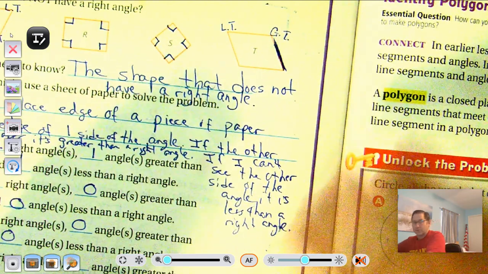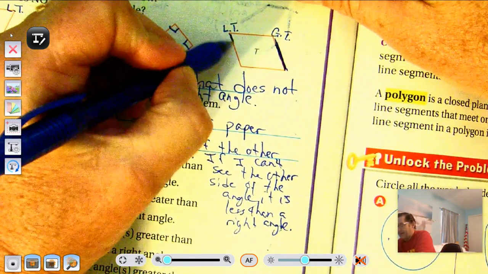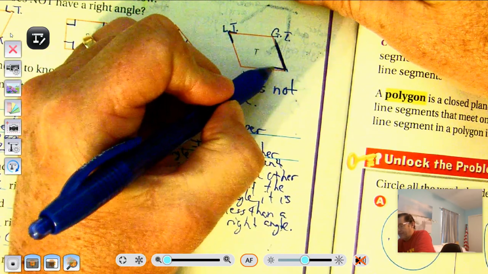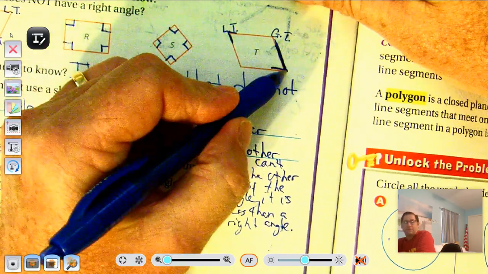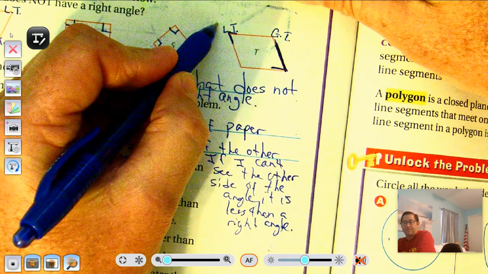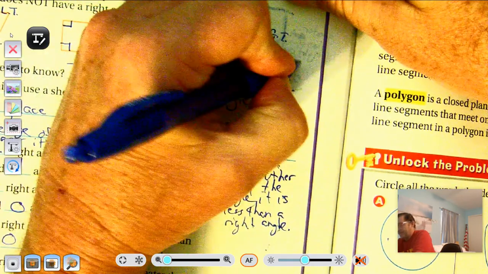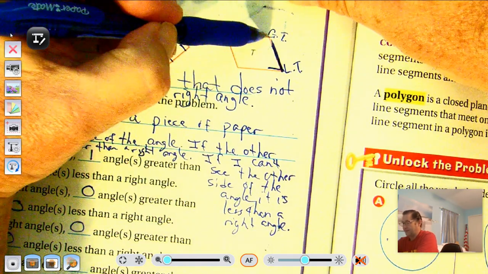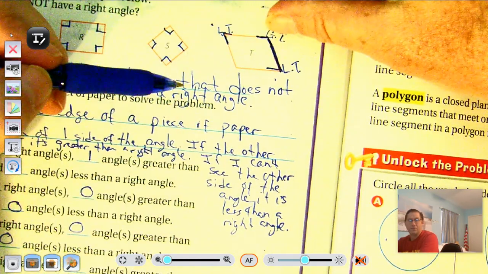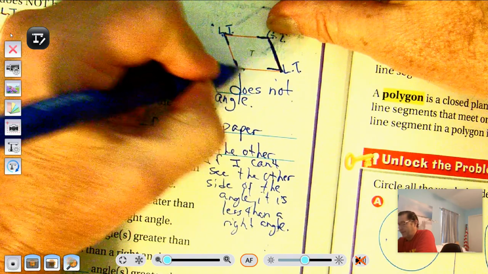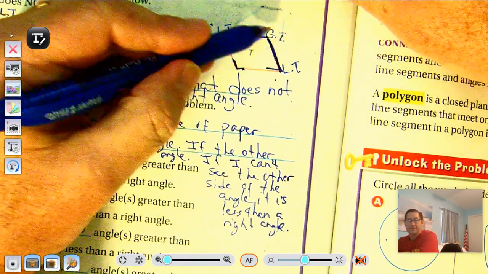Okay, now when I look closely at these shapes, this angle and that angle look the same. The opposite angles look the same. So that's less than. And then when I look at this top angle and this bottom angle, they also look the same.